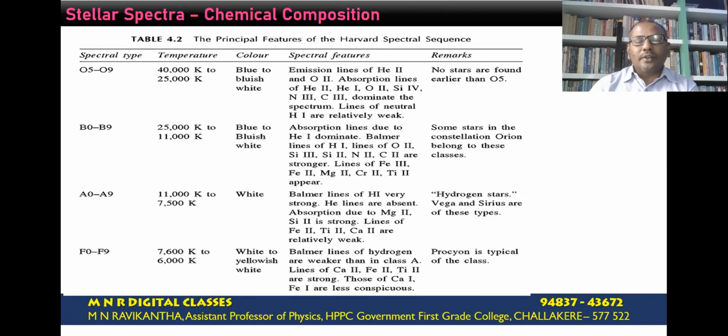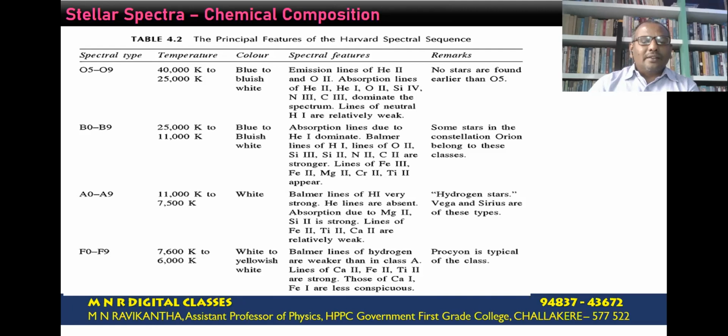The main features of these stars are emission lines of helium-2 or oxygen-2, and absorption lines of helium-2, helium-1, oxygen-2, silicon, nitrogen-3, carbon-3 dominate in the spectrum. The lines of neutral hydrogen-1 are also relatively weak. The remarkable feature of this one is that we have O5 to O9, and no stars earlier than O5 are found.